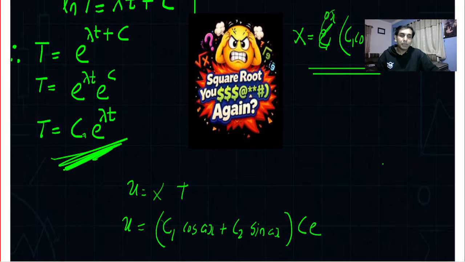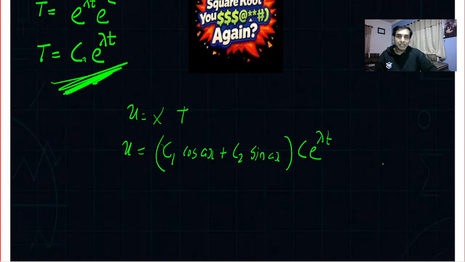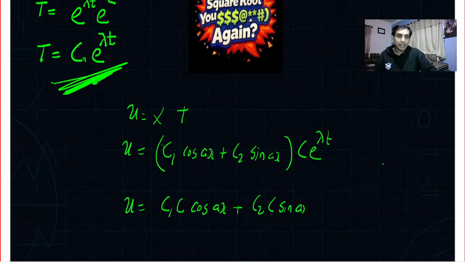So c into e power lambda t, and you can multiply this.